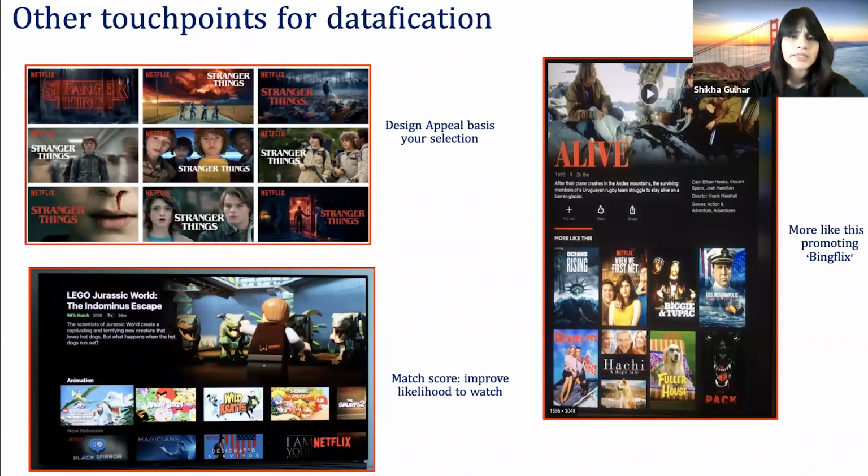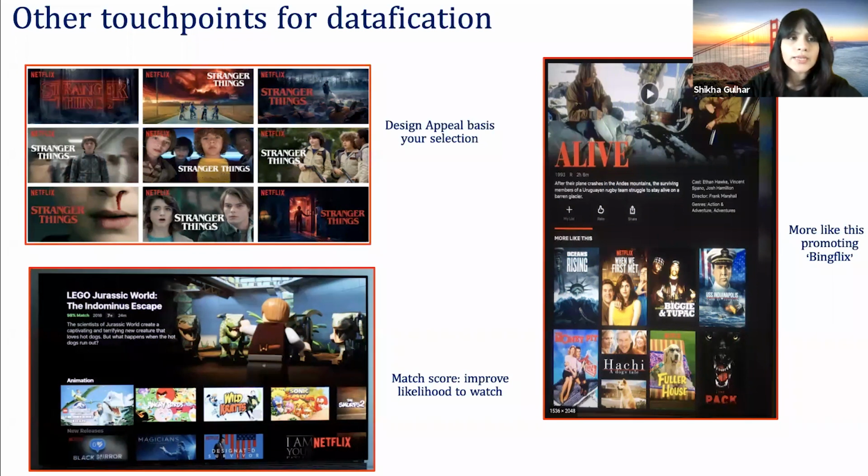And it's not just the data point; the aesthetic aspect is also monitored and captured. What Netflix tried to do is run multiple A/B tests on different design appeals, and the user engagement and interaction with these design appeals are then noted.